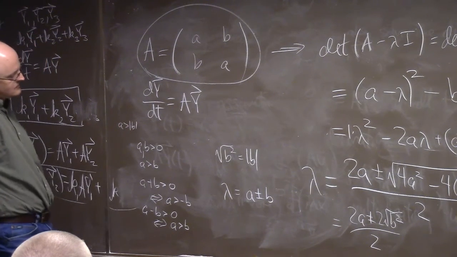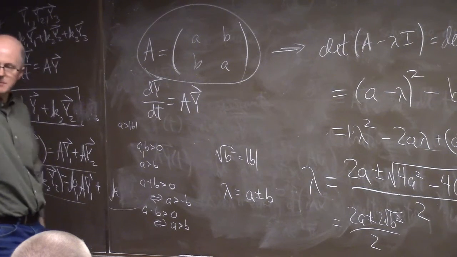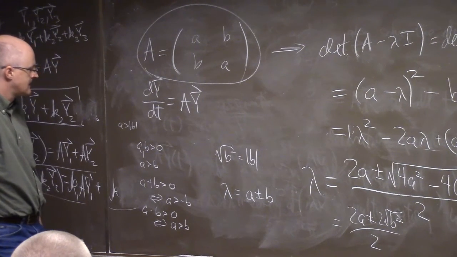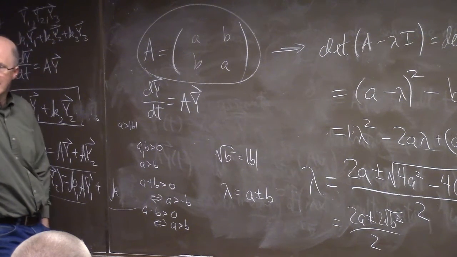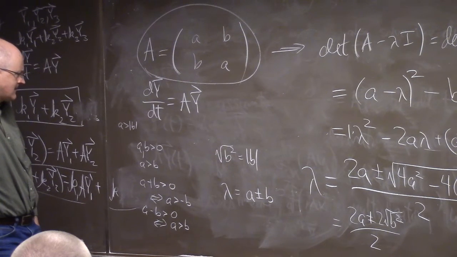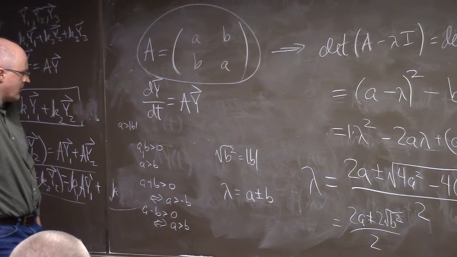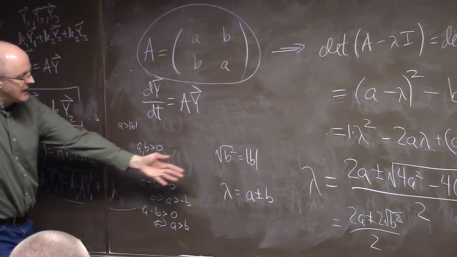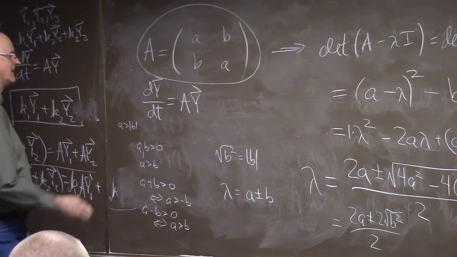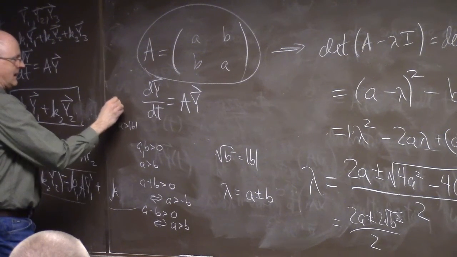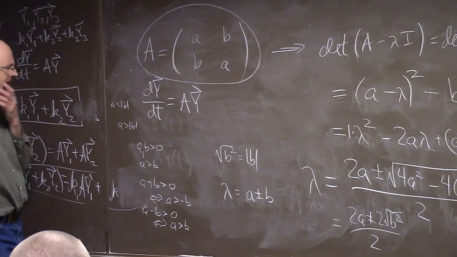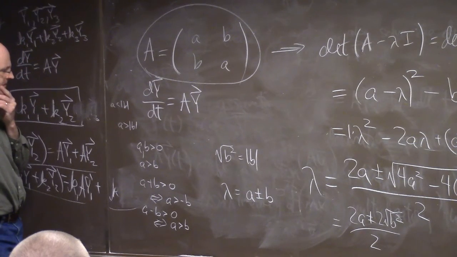Is that right? As long as that's true, a itself has to be positive if I'm thinking about it that way. There's no way, if a was negative, that they could both be positive. They could both be negative if a is less than the absolute value of b, and if a is negative.